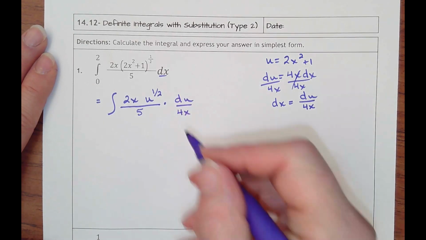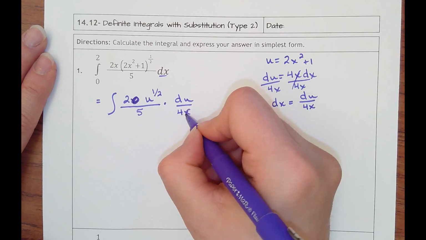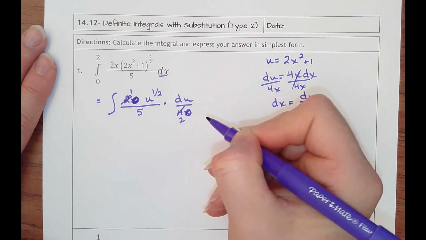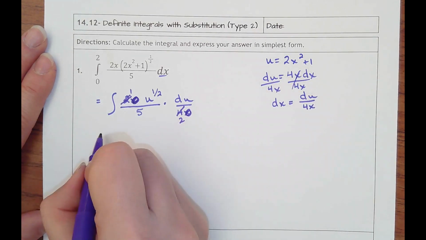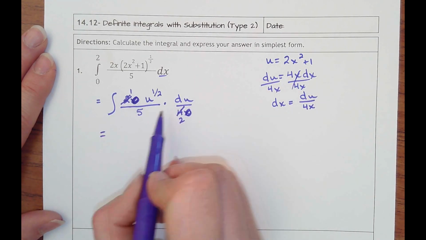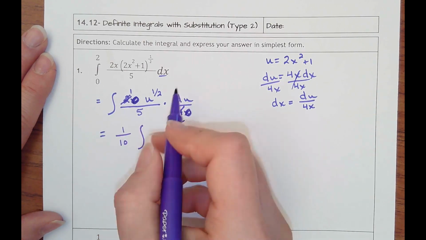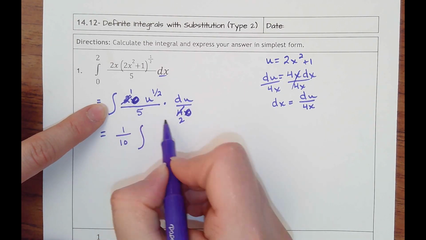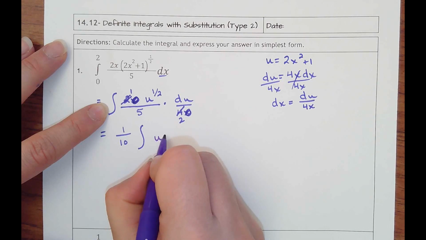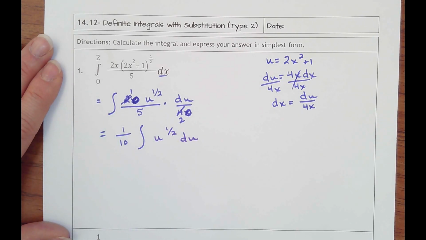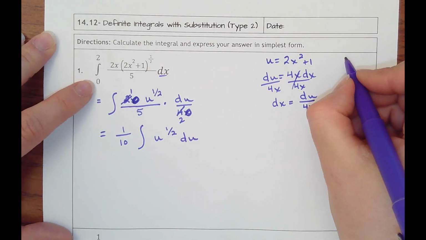So what can simplify? Well, my x goes away and my 2/4 is going to become 1/2. I'm going to go ahead and take that out. So that's a 1/10 going to come out, and then I've got, this is gone, so now I've just got u to the 1/2 du.